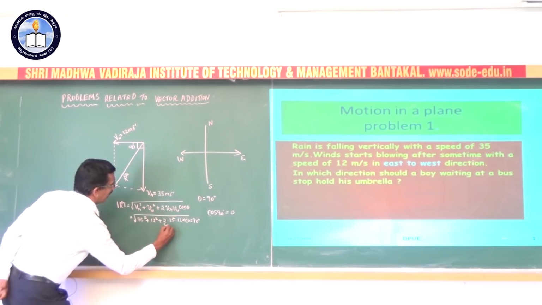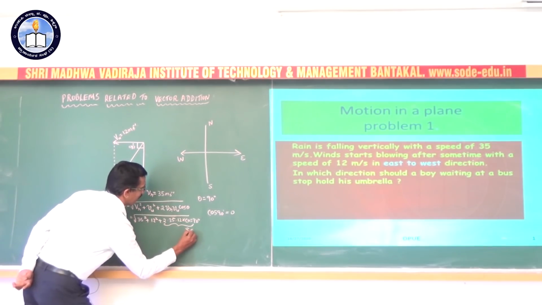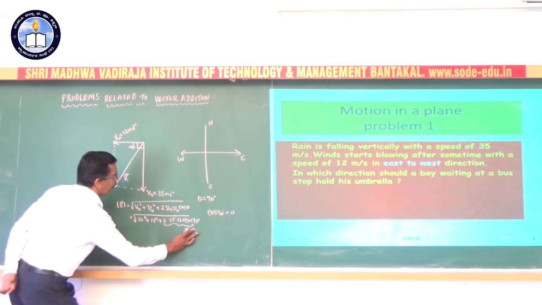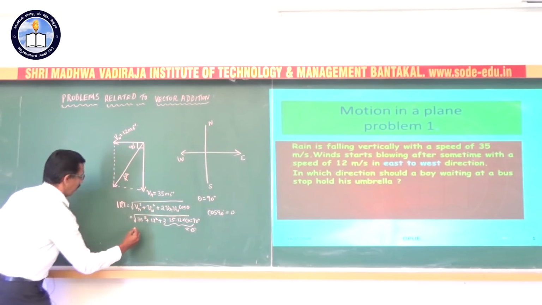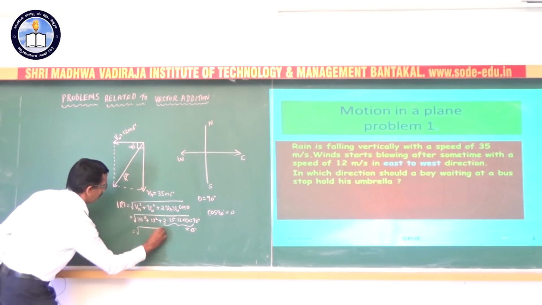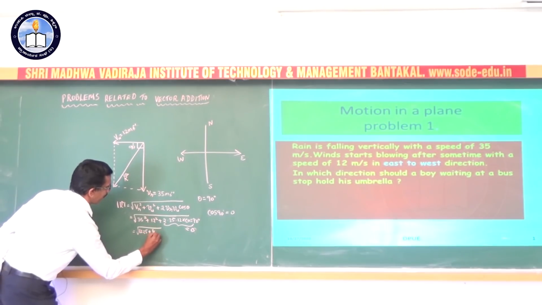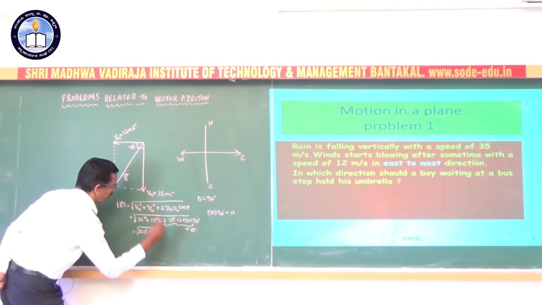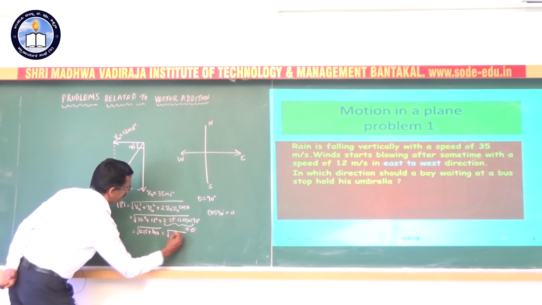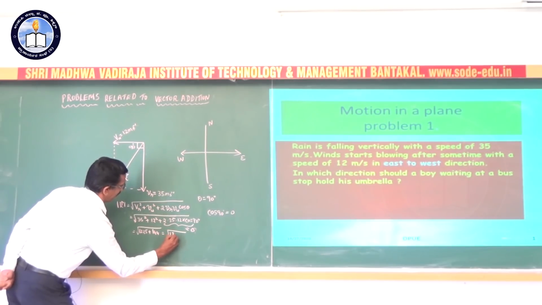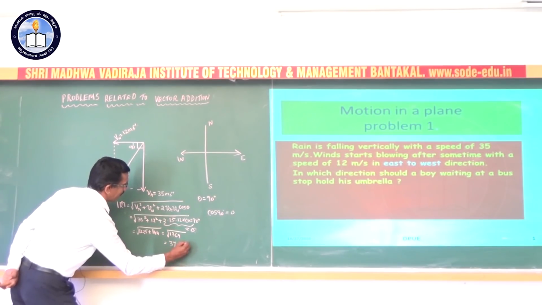So, the last term vanishes. The whole thing becomes 0. So, the answer is root 1225 plus 144 plus 0, that is root 1369, which works out to be 37 meter per second.